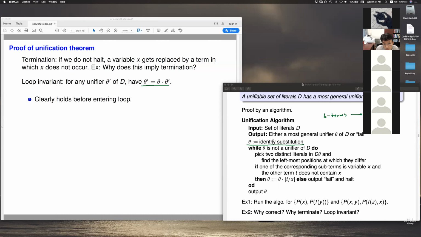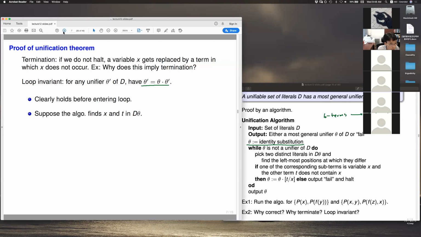So if you first run the identity function, and then run some other substitution theta prime, of course it should be the same as theta prime. So when you hit the loop for the first time, this relationship is true because theta is an identity substitution.